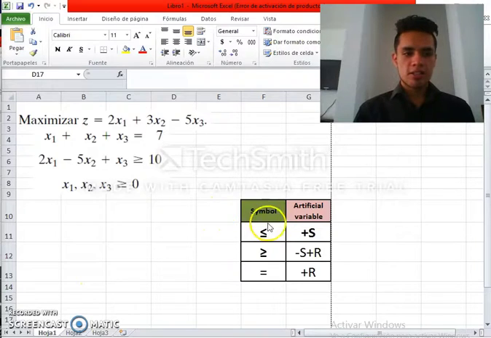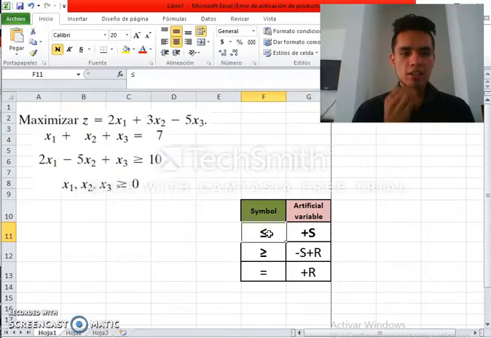To convert a less than or equal inequality to an equation, a slack variable is added to the left hand side of the constraint. In the two-phase method, greater than or equal constraints set a lower limit on the activities of the linear program model, so the amount by which the left hand side exceeds the minimum limit represents a surplus.